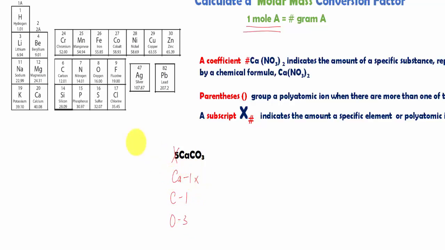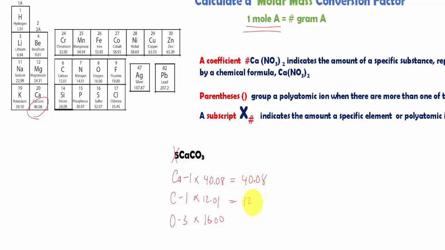Then we find the mass. Calcium on the periodic table is 40.08. Carbon is 12.01. And oxygen is 16.00. And let's calculate the total mass. The total mass of calcium in this substance is 40.08.